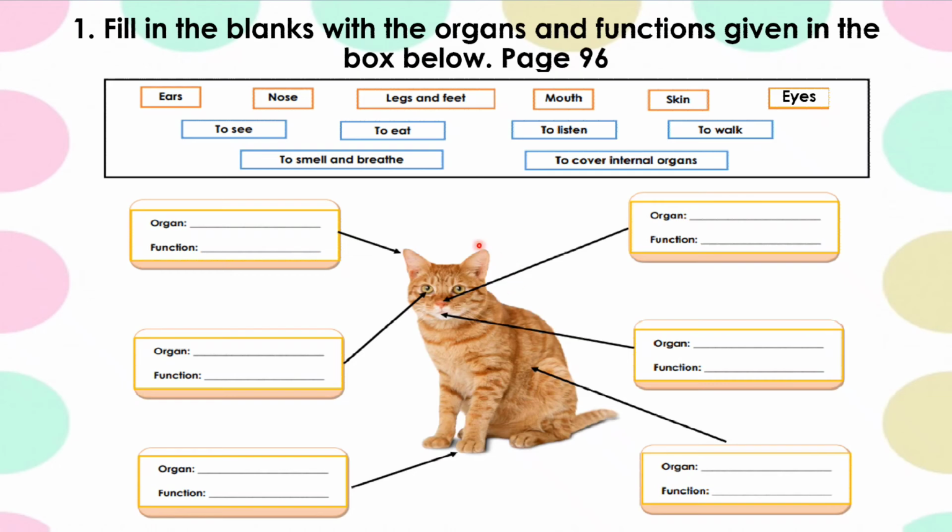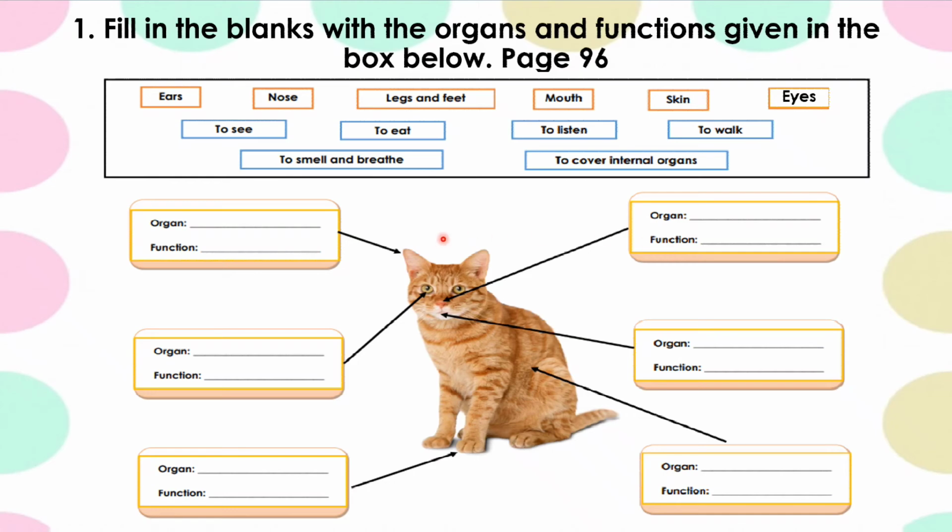All you have to do is fill in the blanks with the organ, and below that is the function of that particular part of an animal body.